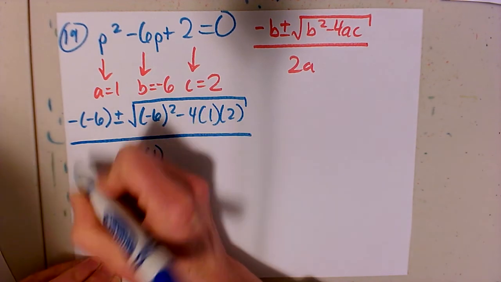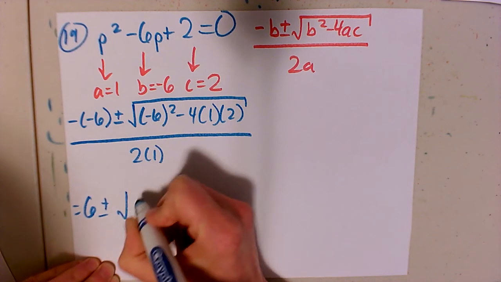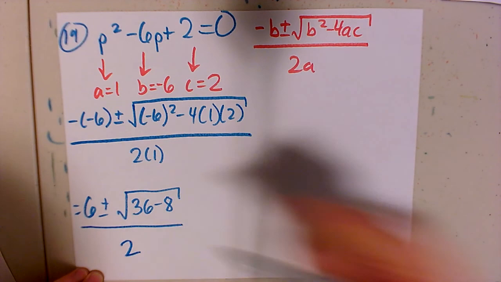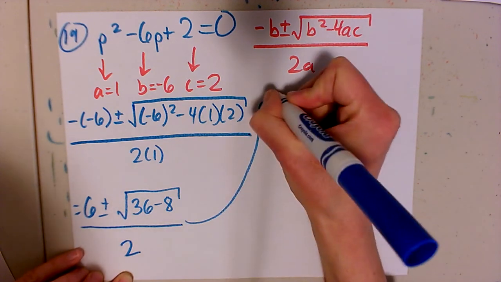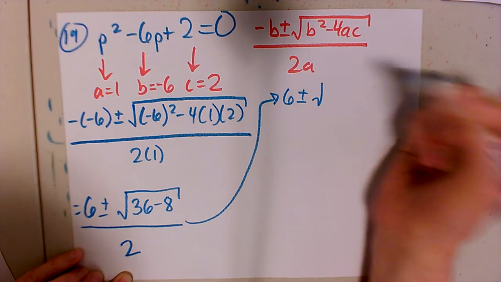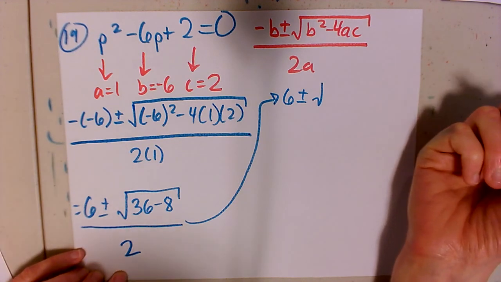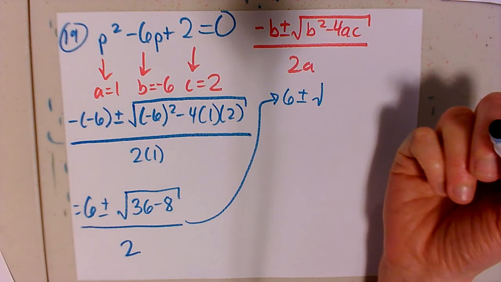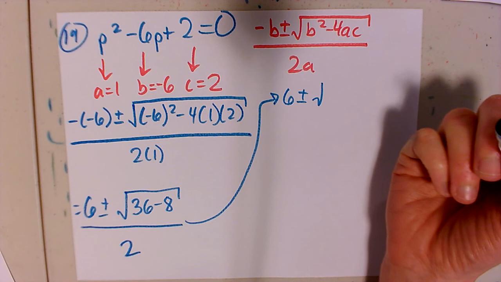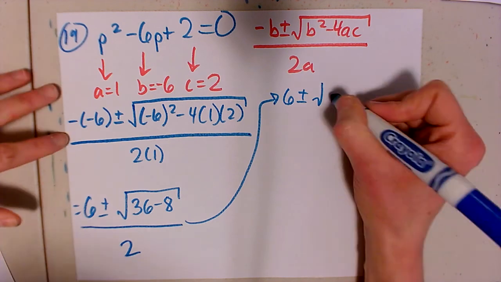And so if we simplify this, well, let's see, double negative there, that becomes positive 6 plus or minus the square root of 36 minus 8 over 2. So this is 6 plus or minus square root, 36 minus 8 is, what is that, 28? Double check that. It's been a long day. Yes, 28.